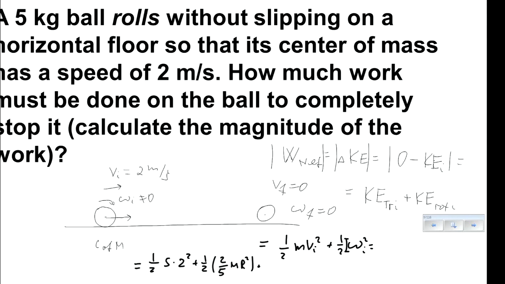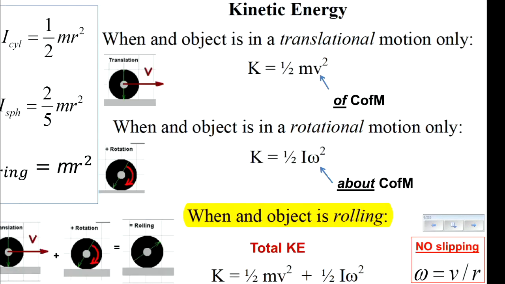And here, we need to write an expression which relates angular and linear variables. This equation, which we can always apply when an object rolls with no slipping.